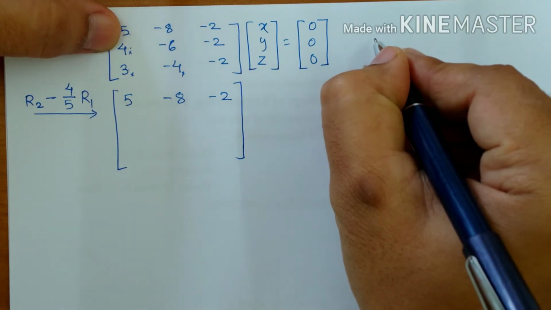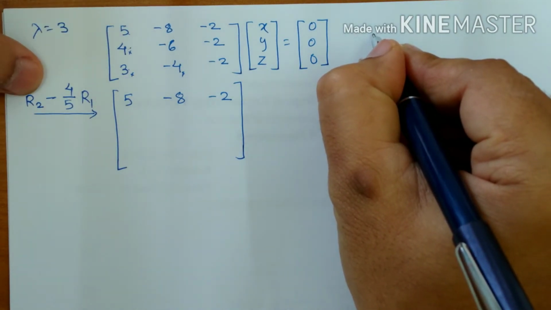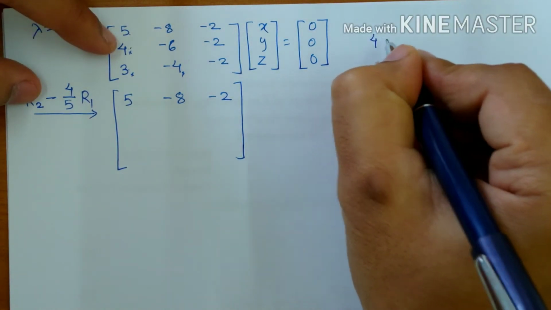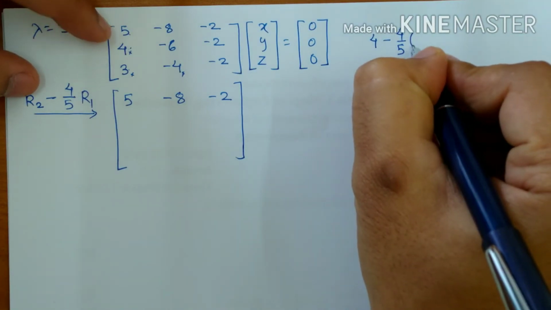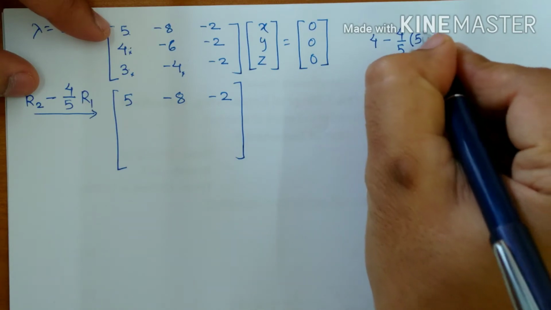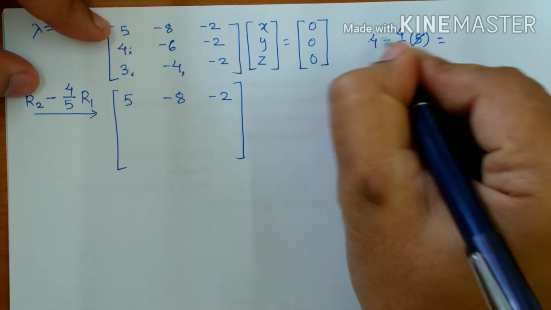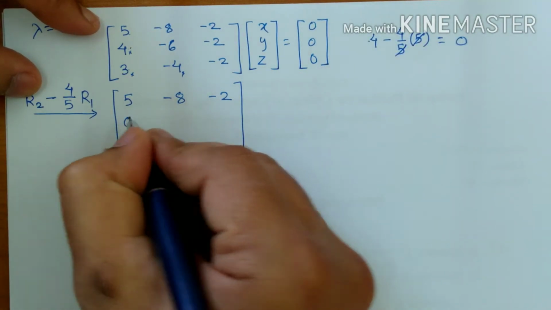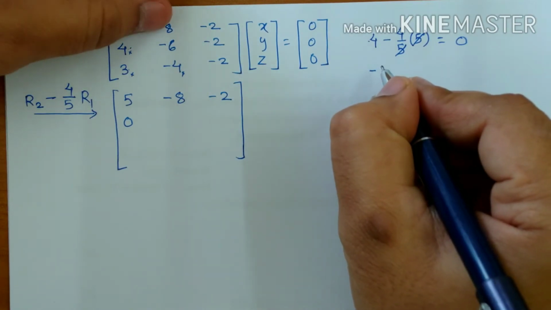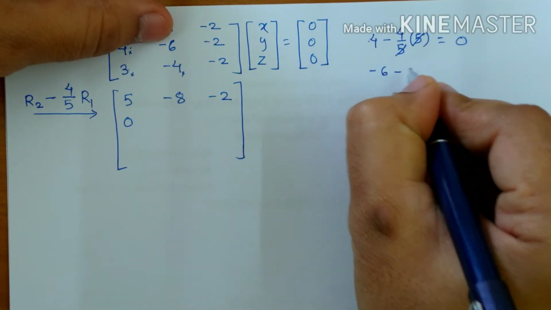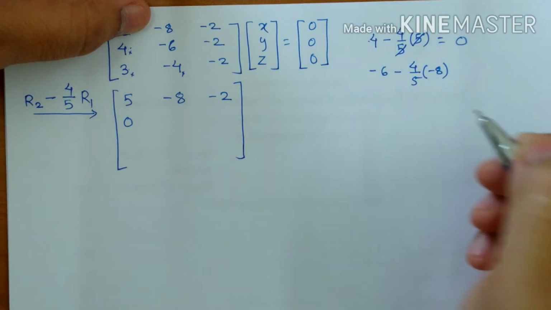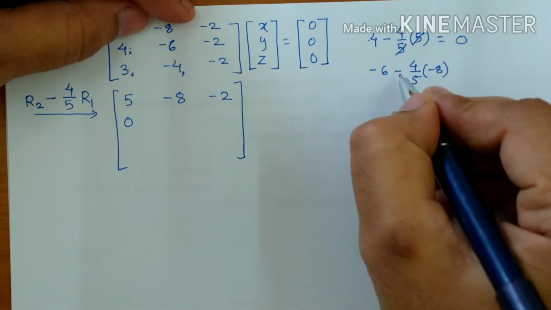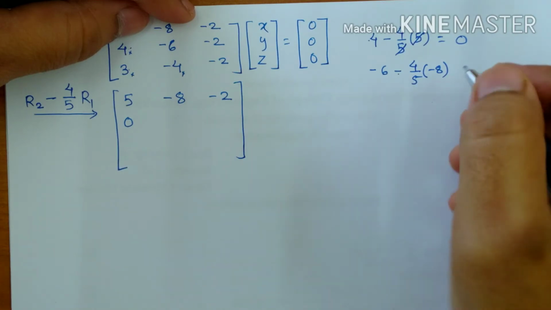See how it is going to take place. In the second row, my R2, the first entry is 4 minus 4 by 5 into the first entry in the R1, which is 5. So this 5 gets cancelled, 4 minus 4 becomes a 0. The next entry in the R2 is minus 6 minus 4 by 5 into minus 8. So this minus minus becomes plus.